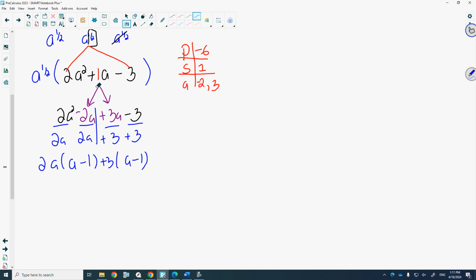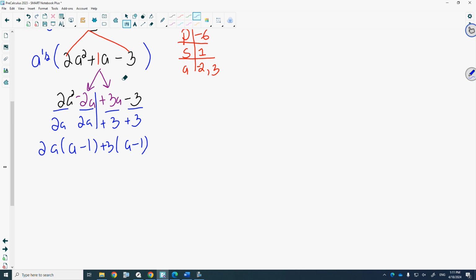So 2a squared plus 1a minus 3, that factored would be a minus 1 and 2a plus 3. Then don't forget to bring down your GCF and include that in your answer. And we would have this as my answer.